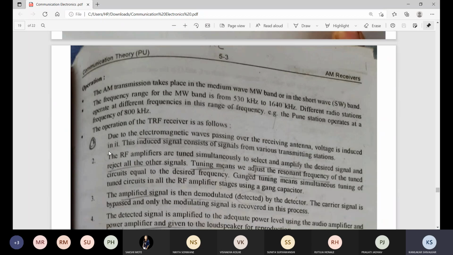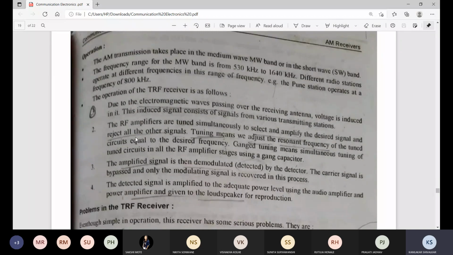देन ऑपरेशनचा पार्ट बघूया. इन द ऑपरेशन बघा, the AM transmission takes place in the medium wave band or in the short wave band. आता medium wave किंवा short wave मी हे मागच्या टॉपिक मध्ये सांगितलेलं आहे. medium wave म्हणजे काय किंवा short wave म्हणजे काय, it is concerned about the wavelength of that incoming wave किंवा transmitting wave.